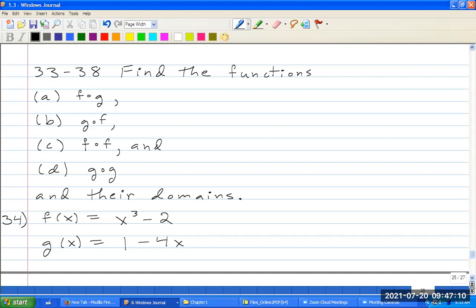What we will note is that f composed with g is usually not the same as g composed with f. So we'll probably get differing answers for part A and part B.